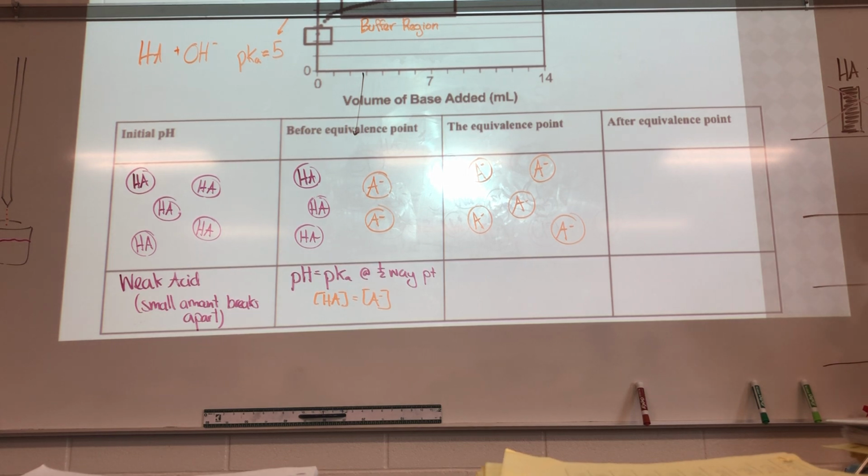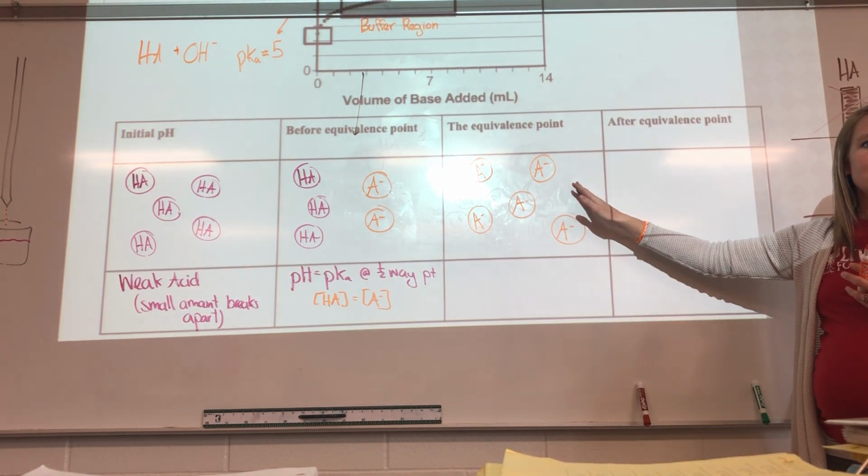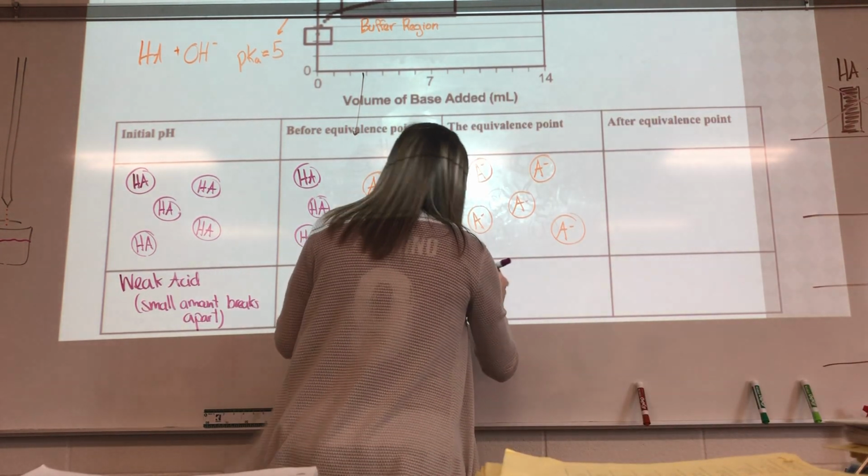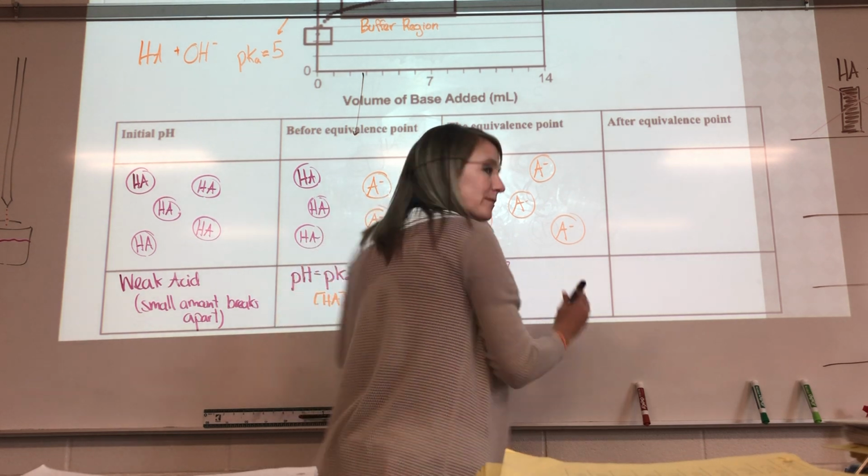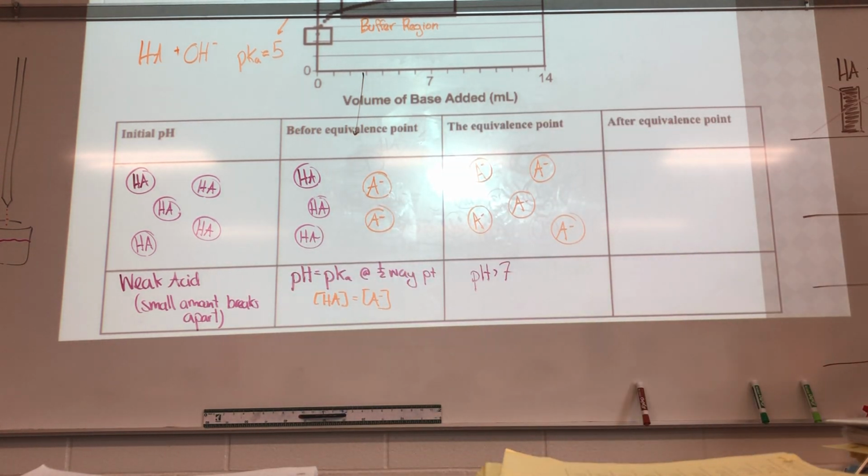But I think I see where you're going, because where's the pH at this point? So then how's that happen? How is the pH above 7 if we don't have OH floating around? Connor? Don't we consider it above 7 because the A minus is the conjugate base, so it'll rip some H off of H2O? So what Connor's saying here is totally correct. The thing we have created is a weak base.